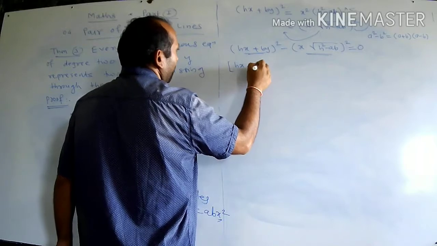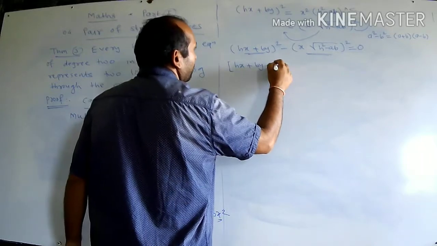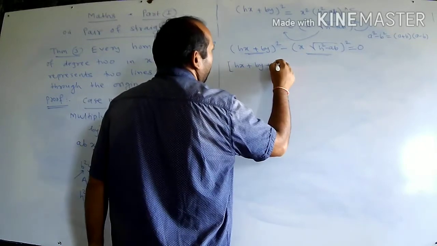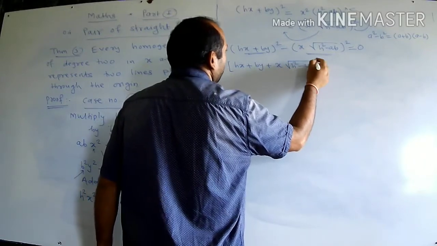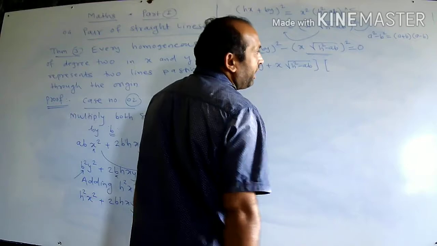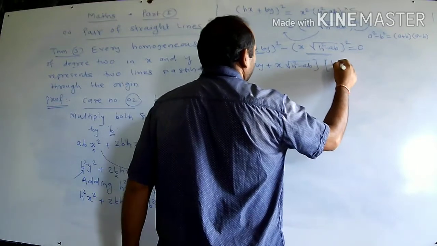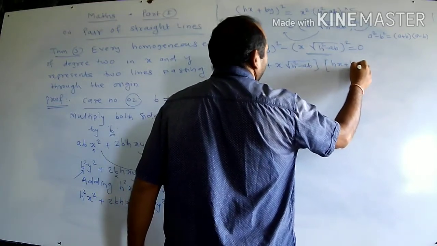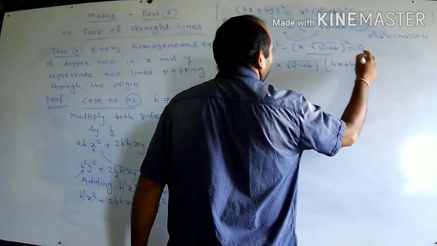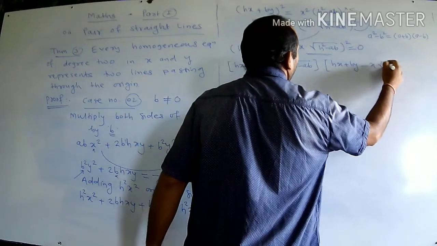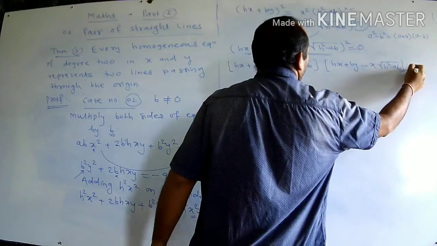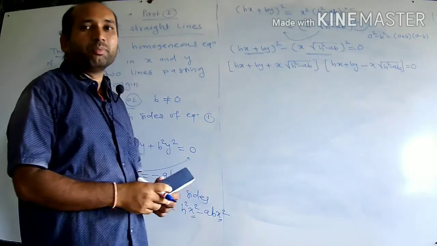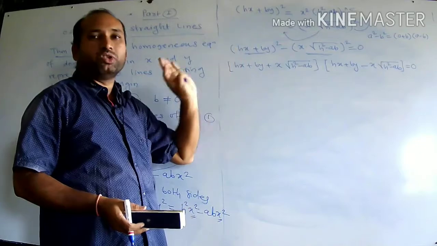So in the first bracket we have a plus b, hx plus by plus the value of b is h under root of h square minus ab multiplied by a minus b. Value of a means hx plus by minus the second term is h under root of h square minus ab is equal to 0.